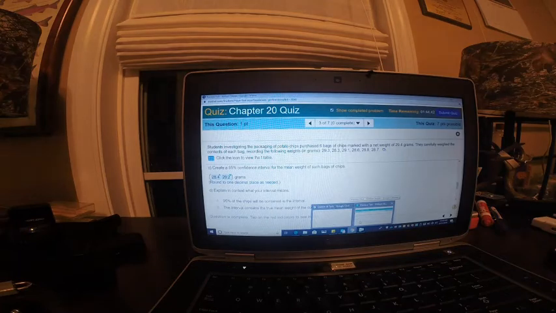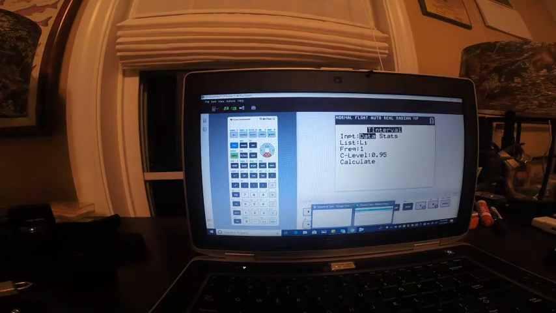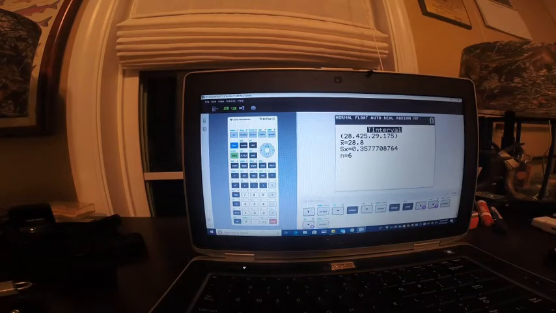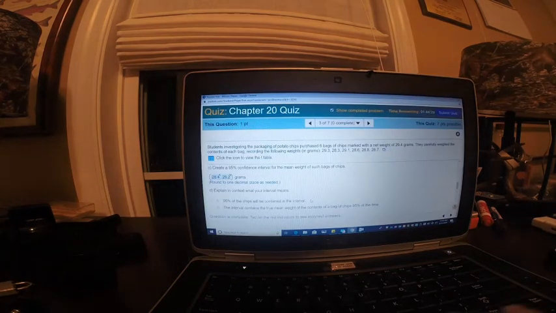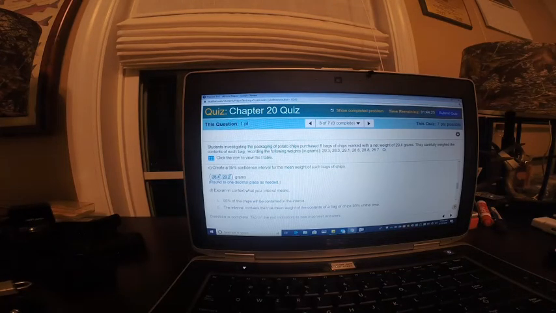Indeed, it says 95% confidence. So I calculate it, and it gives it to us, 28.425 to 29.175. And for us to round appropriately, it goes to 28.4 and to 29.2. Easy enough. So the calculator does that all for you.